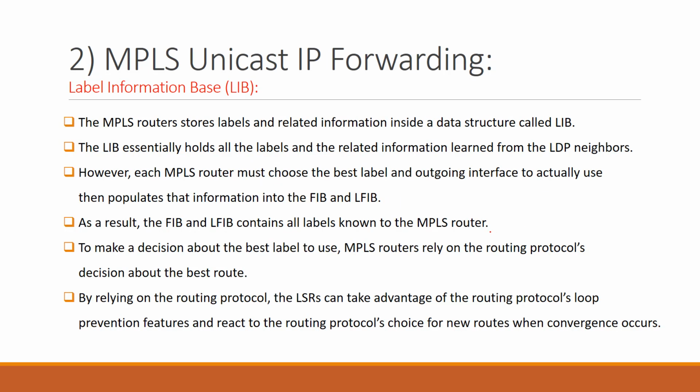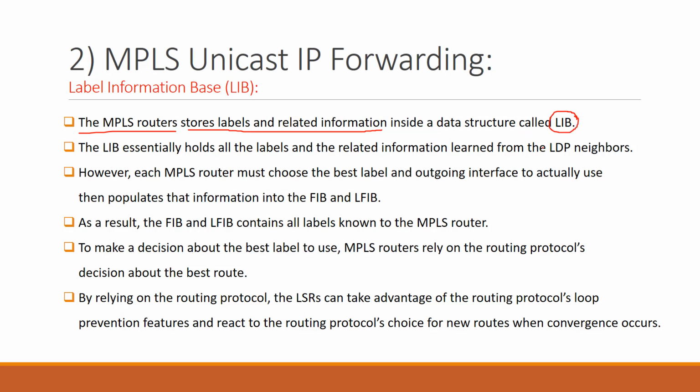So what is the label information base? All MPLS routers store labels and related information. What is related information? The outgoing interface, the next hop IP. This type of information, in addition to the labels, is stored inside a data structure called the label information base.